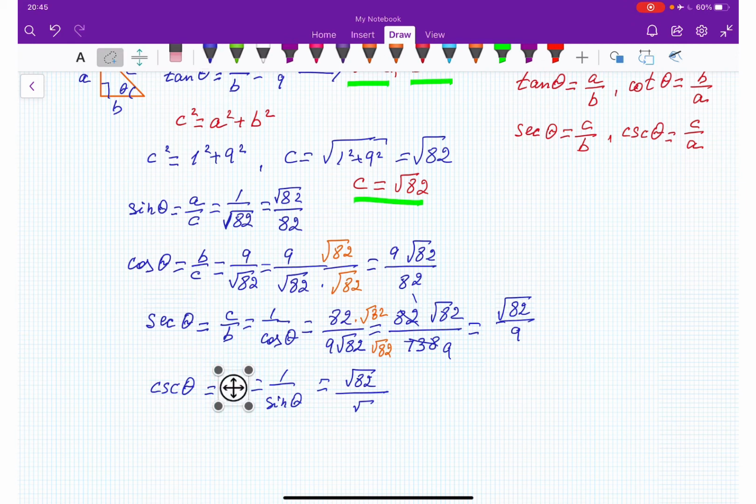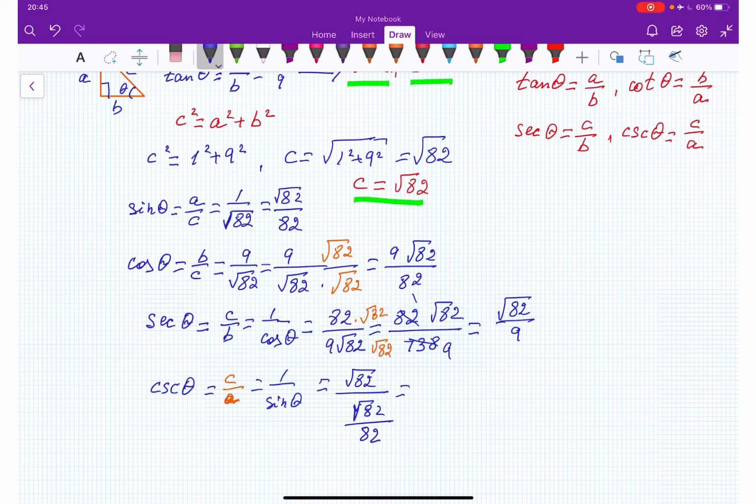Instead of doing 1 over sine, I'm using C over A. So we can see, this is A. So the square root of 82 divided by the square root of 82 over 82, right?